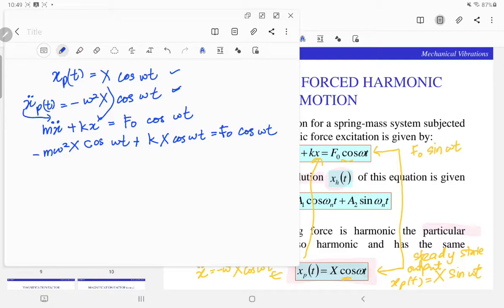You can see that all these expressions have this cos omega t, which you can cancel out, and you can just rearrange that.